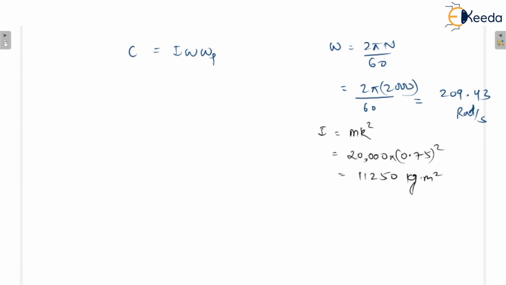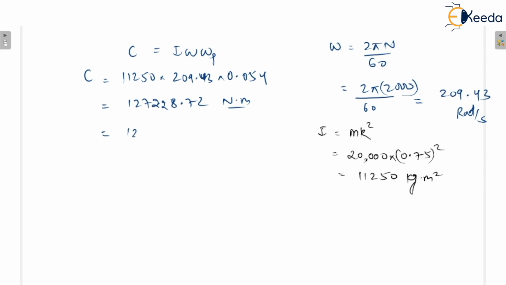So you have to put all these values in the formula, and you will get the value of maximum gyroscopic couple, that is 11250 multiplied by 209.43 multiplied by omega p, 0.054. Okay, so when you solve this using a calculator, you will get 127,228.72 Newton meter.